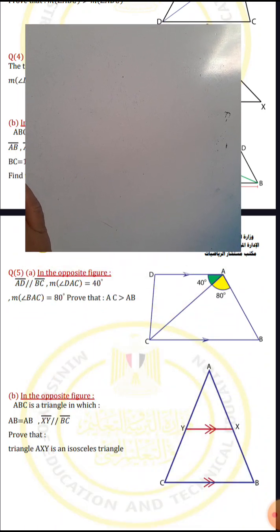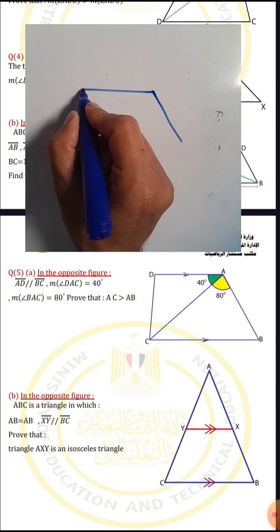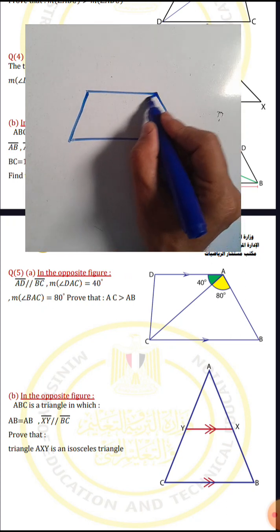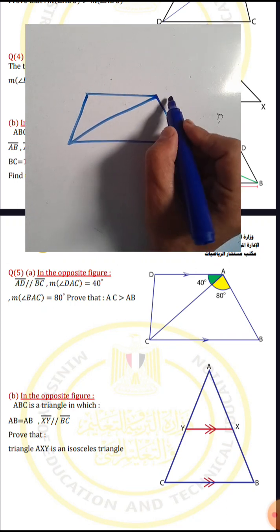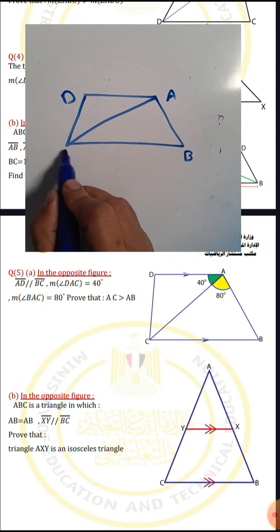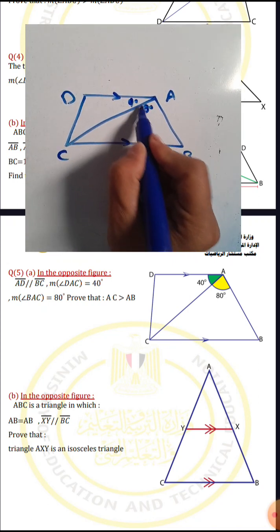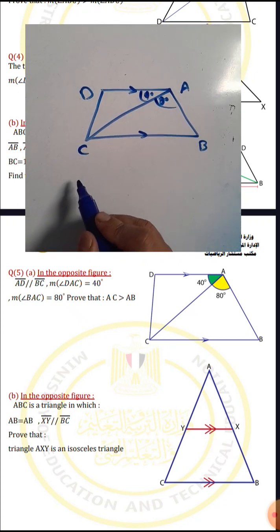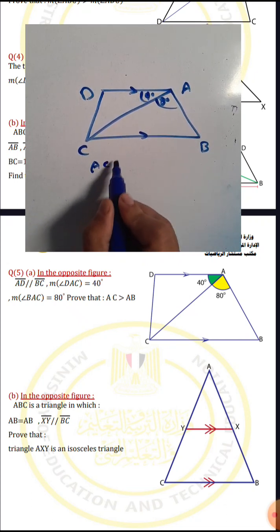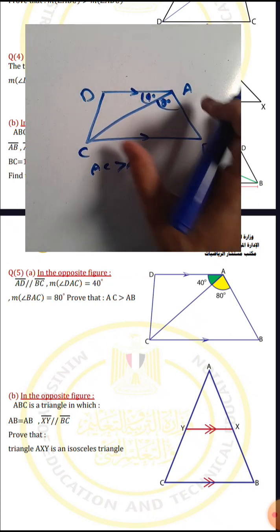Next question, we have here a trapezium. This trapezium, and we have diagonal, and we have D and P. The angles are 40 and 80 degrees. Here, you want to prove that AC is greater than AB.